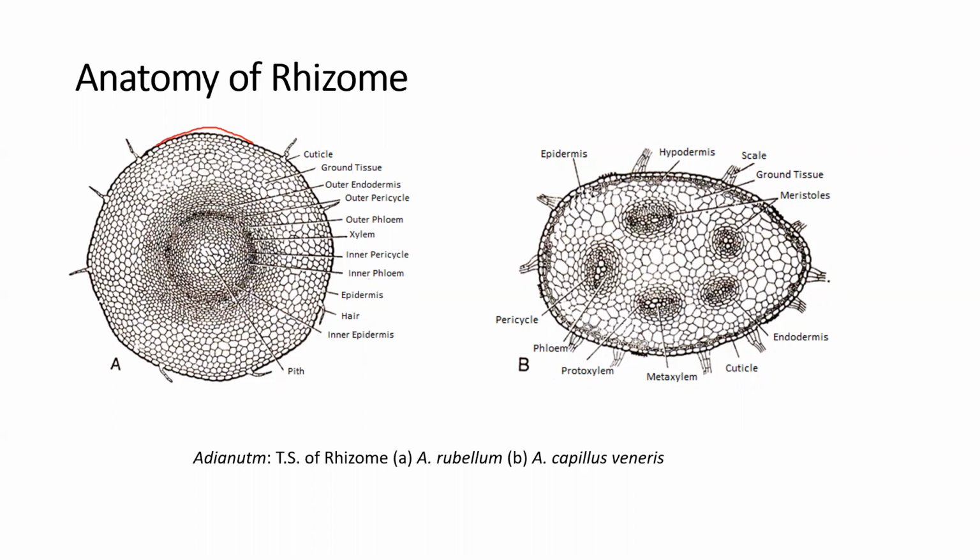This is the type of dictyostele. Each stele has its own endodermis, its own pericycle, and xylem and phloem, and they are arranged in the form of a circle within the cortical region.